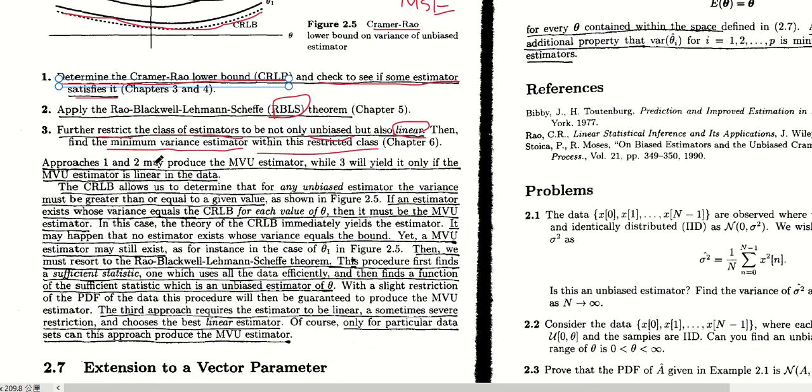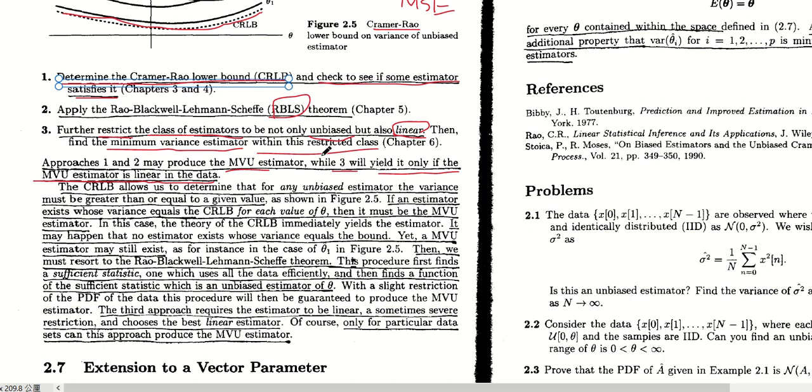Then approaches 1 and 2 may produce the MVU, while 3 only if the MVU is linear in the data. It takes maybe a little bit of good luck or coincidence, but again, the estimator is always a design issue rather than something readily available.